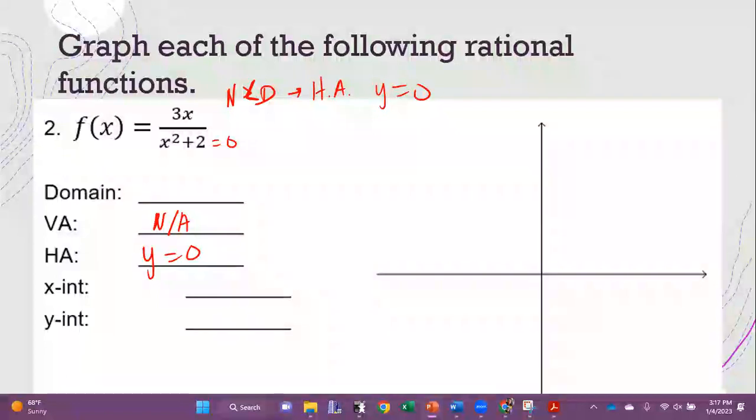All right, so next, x-intercept. How do I find the x-intercept? We take our numerator and set it equal to 0. What is that? 0. I was waiting for someone to tell me.